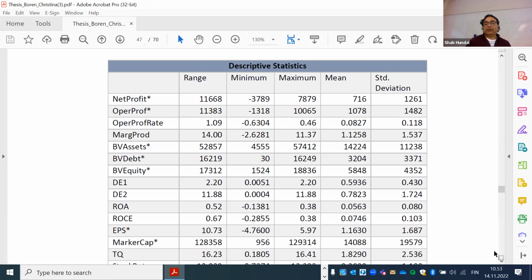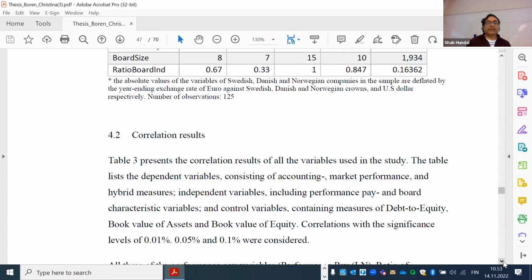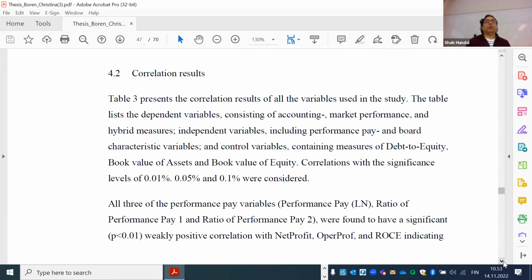Okay, then the second analysis that we perform is called correlation results. Correlation means the degree and direction of two variables being correlated. Very quickly, correlation basically means whether two variables are associated or not.